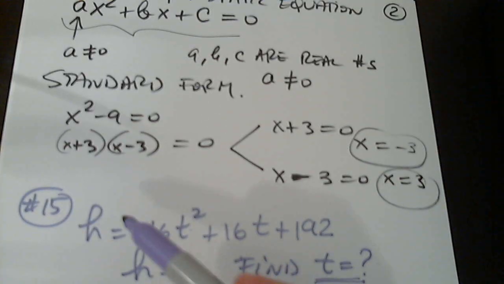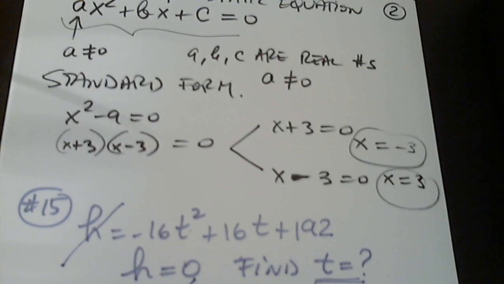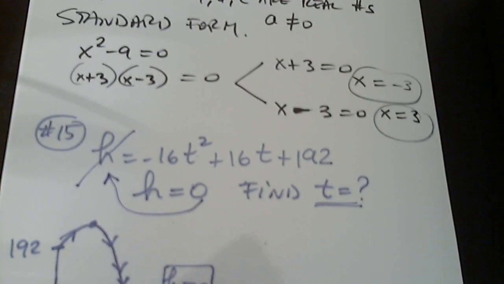So all I have to do is right here, replace the height by 0. I can reverse the equation, it doesn't matter, or I can write it first like this. But then I want to move everything to the other side. Why? I don't like negative leading coefficients.